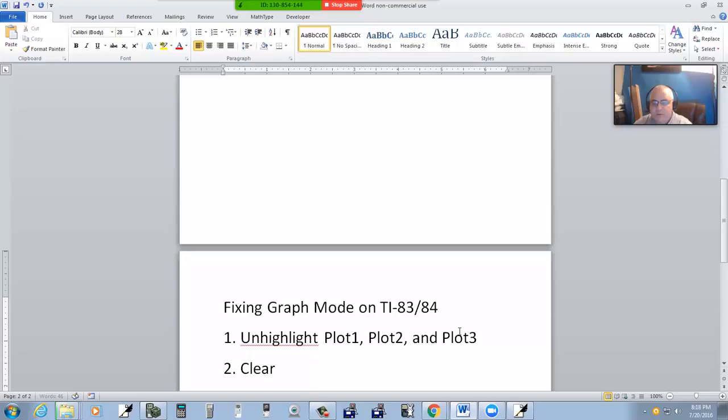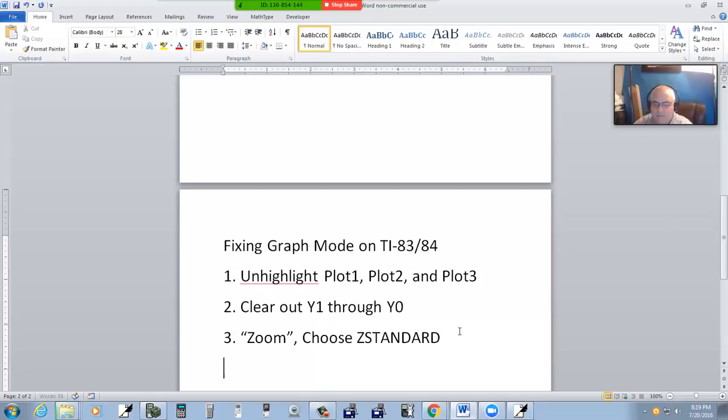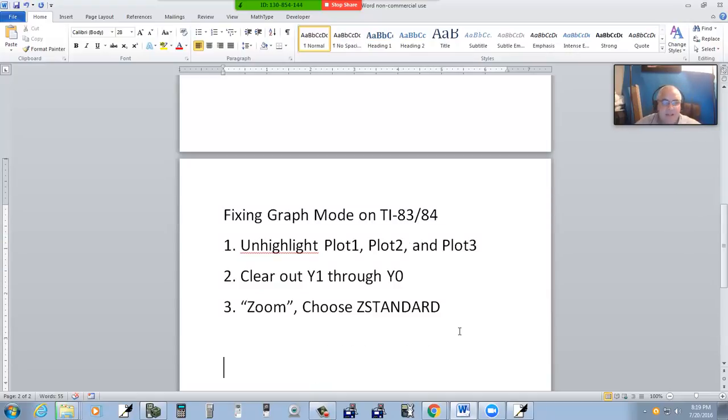Second thing we want to do is clear out Y1 through Y0. And then third thing is we'll do zoom, and we'll choose ZStandard. Now these probably fix perhaps 95% of the problems you run across on your calculator.